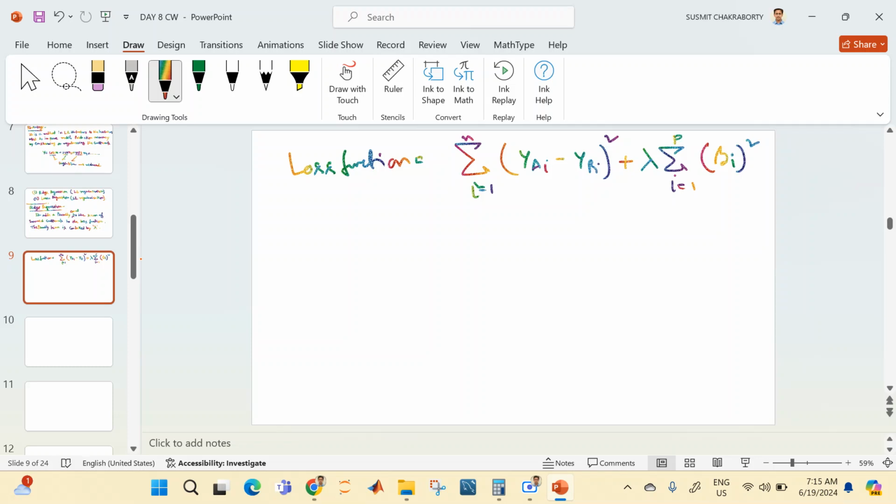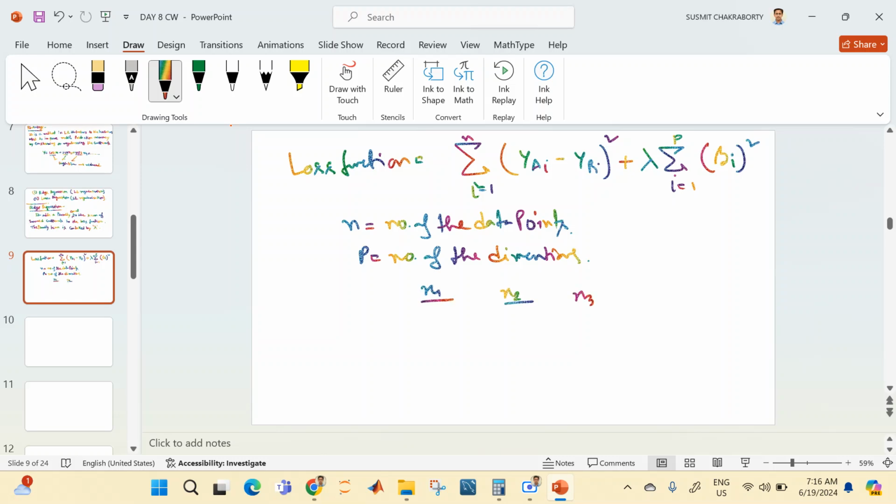Here p is the dimension. n equals the number of data points, and p equals the number of dimensions. Remember, the two are different things. Suppose I have a model with x1, x2, x3 up to xp and one y.